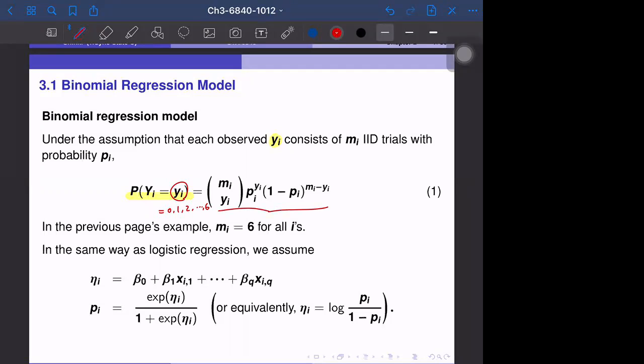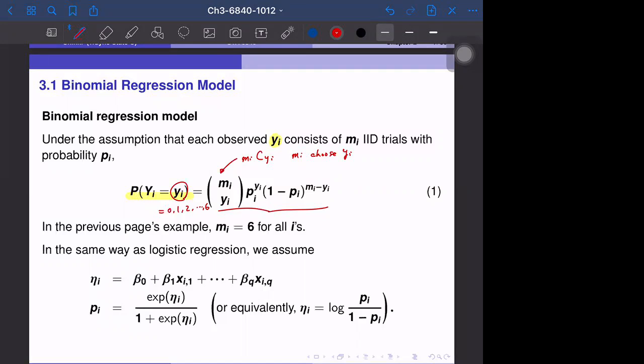The first part is mi choose yi. Basically, this is the number of combinations to choose yi objects out of mi objects.